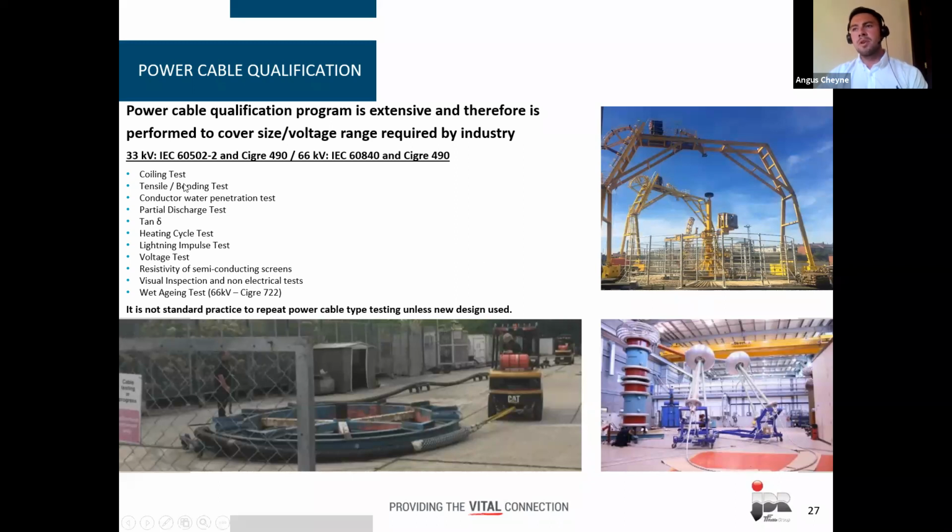So that would be done for each of the standards. For 33 kV medium voltage, you'd be looking at IEC 60502 and SIGRA. For 66 kV, it would be IEC 60840 and SIGRA. So each of those would have a qualified design envelope, and within that, they would cover the range of alternatives you may find.